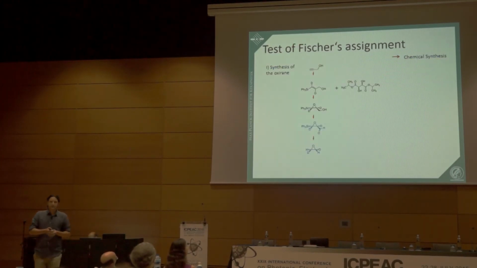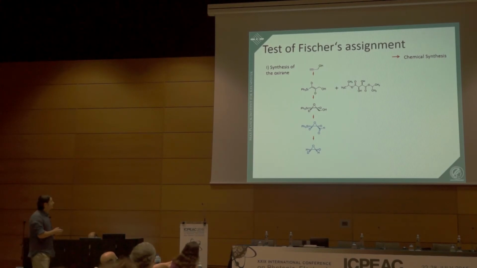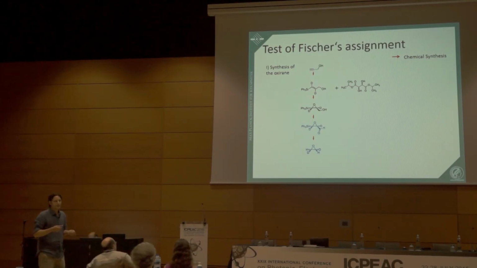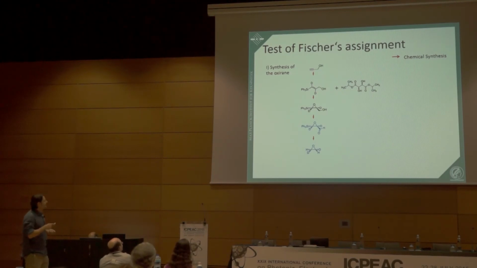I told you we want to test Fischer's assignment with our measurement, and I at least want to give you the logic behind this chemical correlation. Please don't ask me how the chemists did this exactly, but they started off with an alcohol and then synthesized our oxirane, which is here.